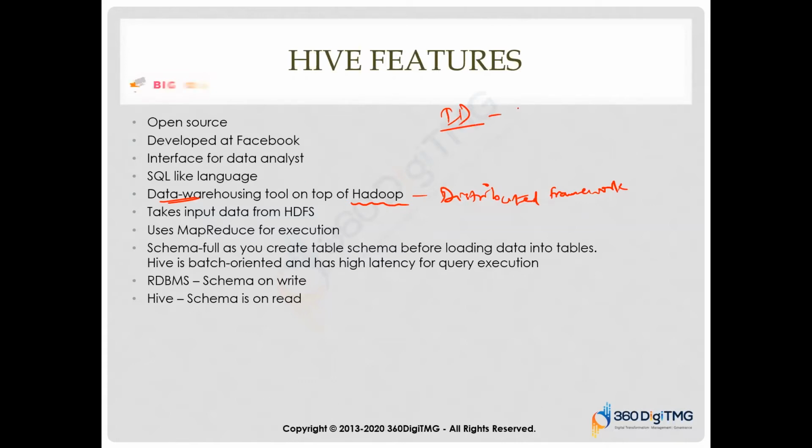Now for your ID, if I have to create a profile, if I have to understand what kind of person you are, I need to look at the entire data that you generated. So I need to collect all the data, process it and store it in a proper format so that if I have to look at your profile, I don't have to redo the entire process. I can directly go to the warehouse and pull your record. So Hive is used for that kind of transaction.